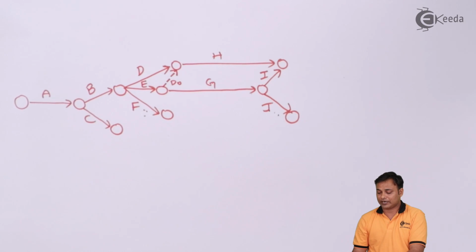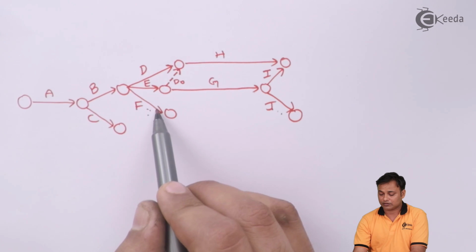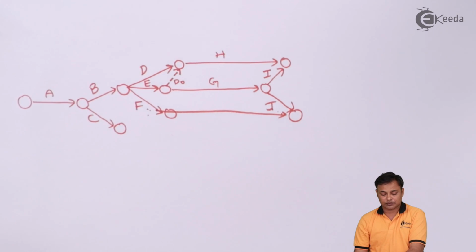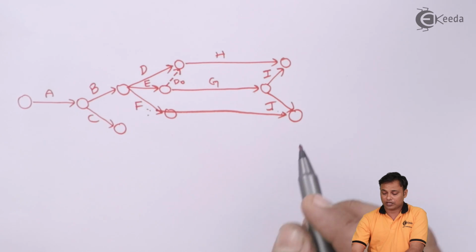I can't join direct. I can join directly. F and J is combined. I'll go for a K here.